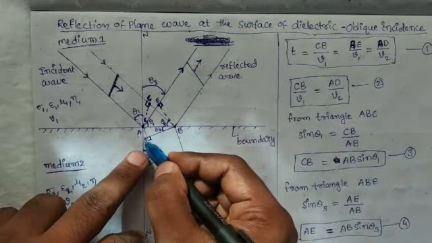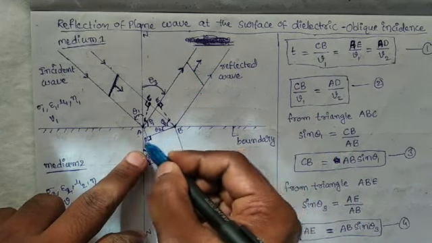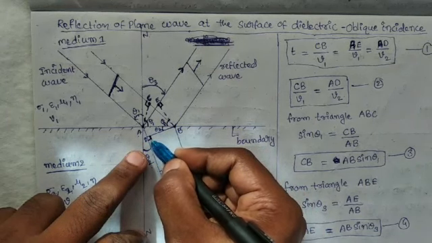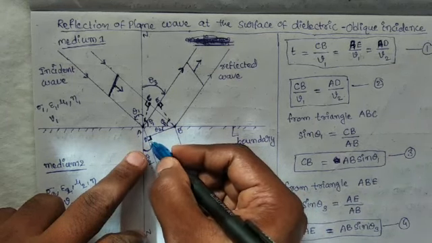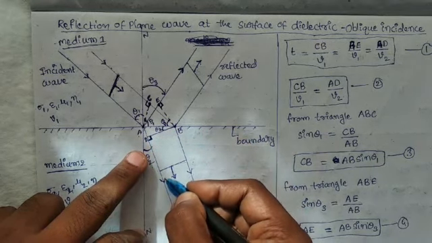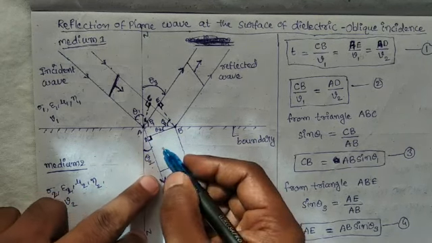Similarly, BD is the transmission wavefront, and this makes a 90 degree angle with the direction of propagation of the transmitted wave.